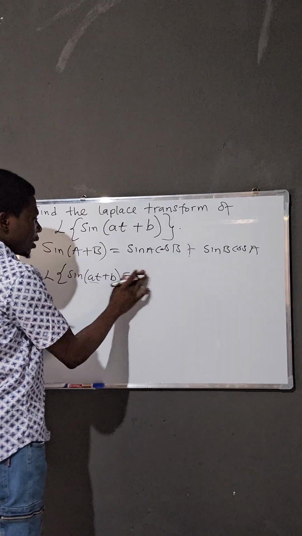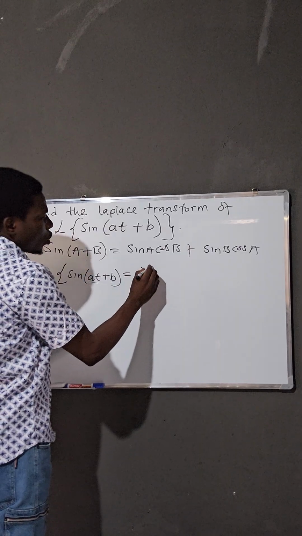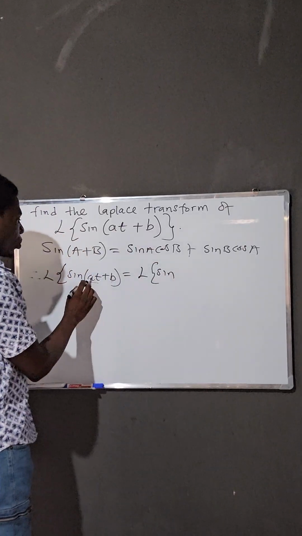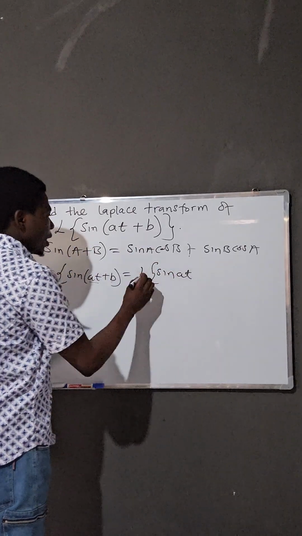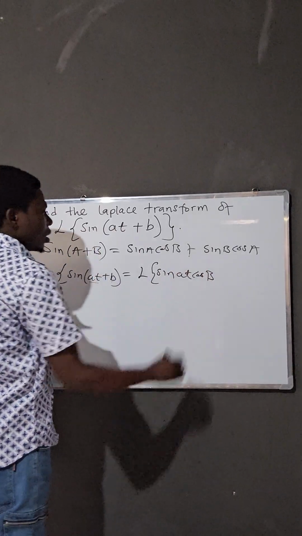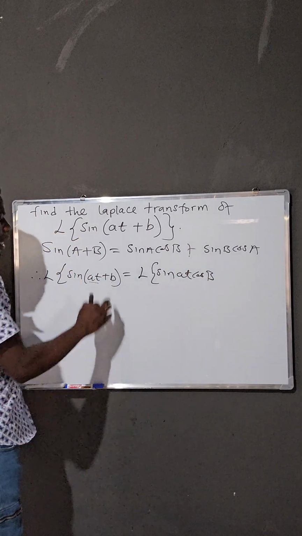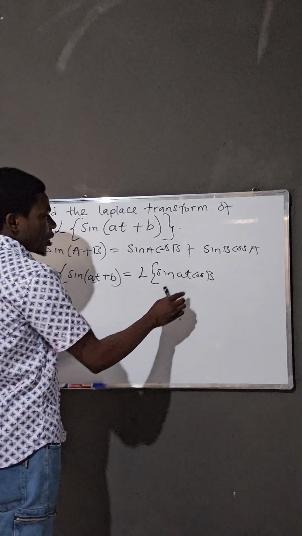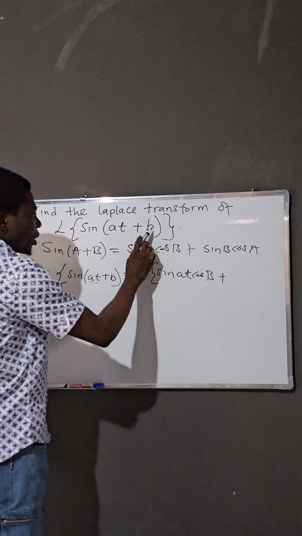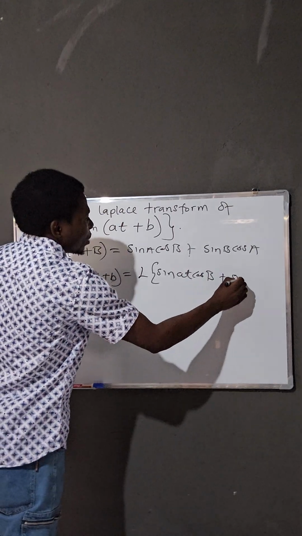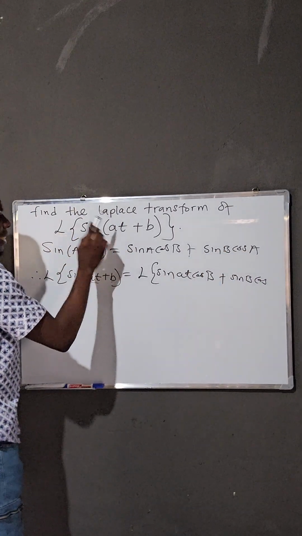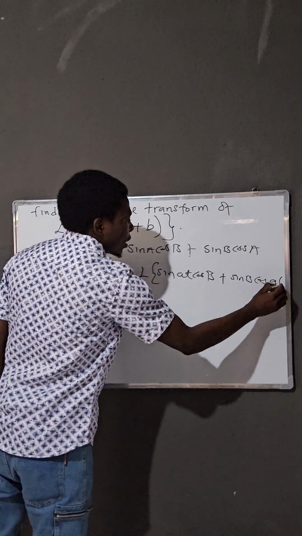So this is equal to Laplace of sine, where there is A you put at, then cos b. Or you can use the small letter as it is used there. Then plus sine b, and then cos, what is our A? Our A is at, so you put at.